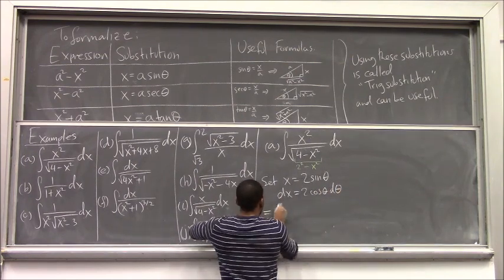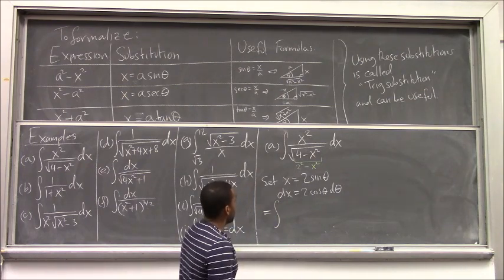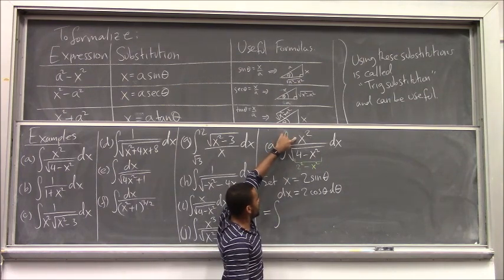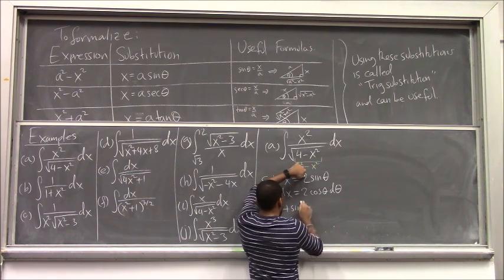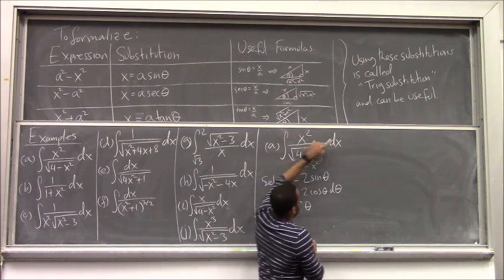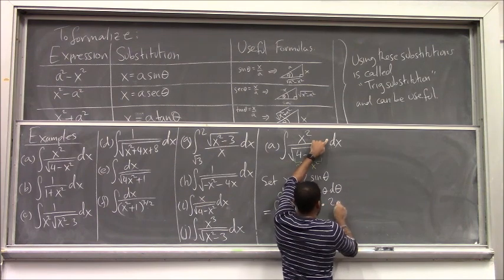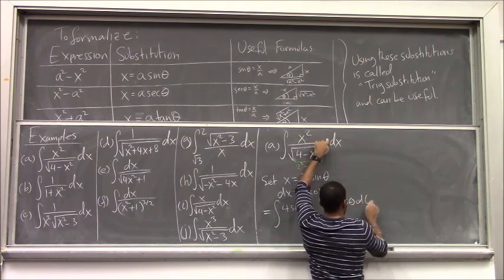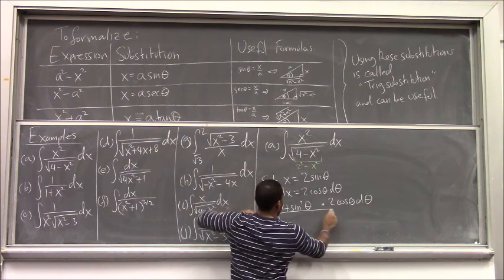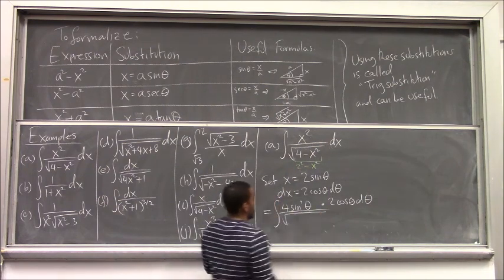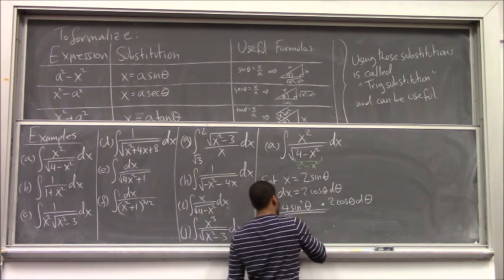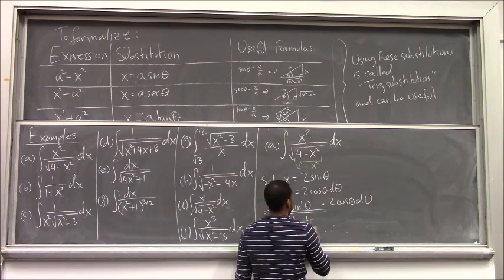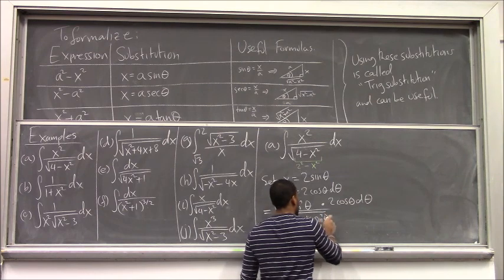So now I'm going to plug that in. Of course, my x squared on the top is going to be what? Well, 4 sine squared, right? My dx is going to be 2 cosine theta d theta. What's going to happen under here? Well, I'm going to have 4 minus 4 sine squared theta.